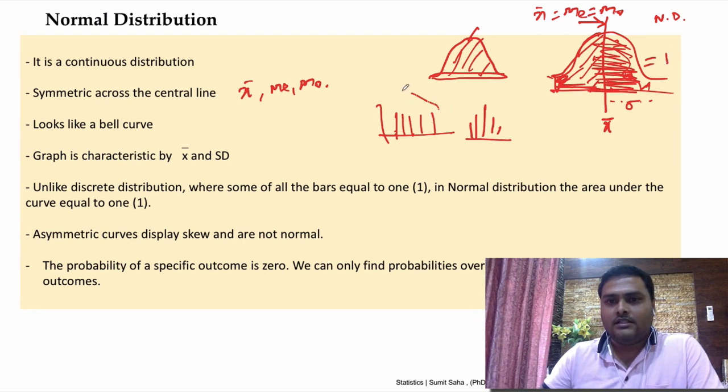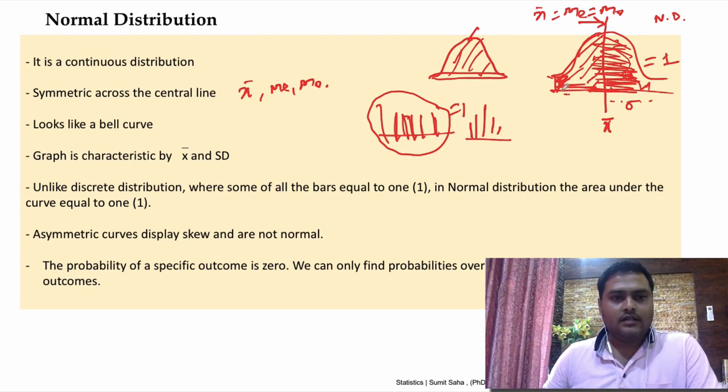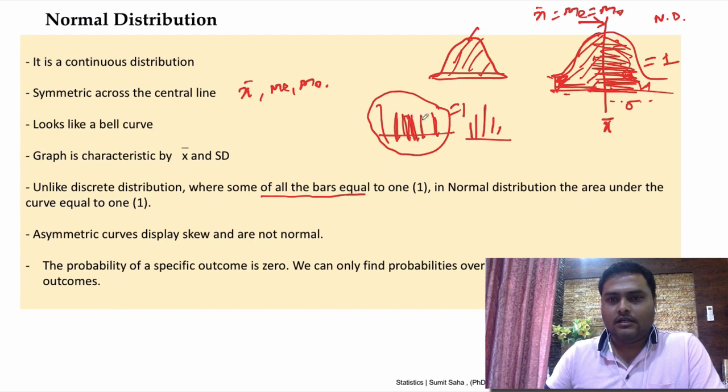And for a discrete distribution, we say the summation of the values of the bars, the probabilities, is equal to 1. In this case, for the normal distribution, the area under the curve is equal to 1. Hope you have understood, right? So unlike discrete distribution, where the sum of all bars equals 1, in normal distribution we'll say the area under the curve is equal to 1.